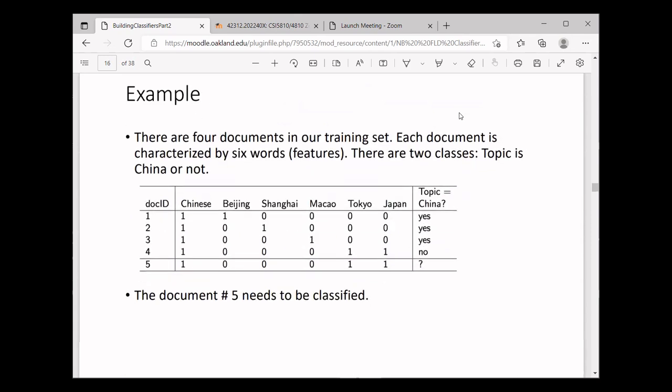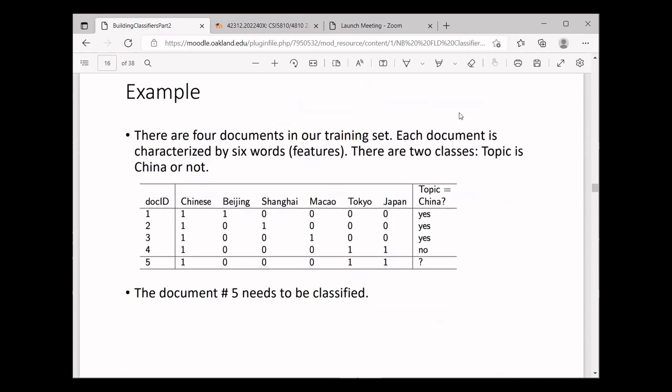So let's look at what difference this Laplace smoothing makes. Here are 4 documents in our training set. Each document is characterized by 6 words, or you can call them 6 features. And there are 2 classes: whether the topic is China or not.